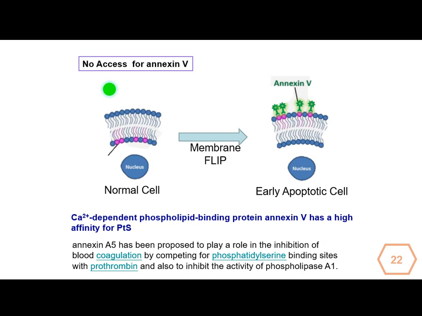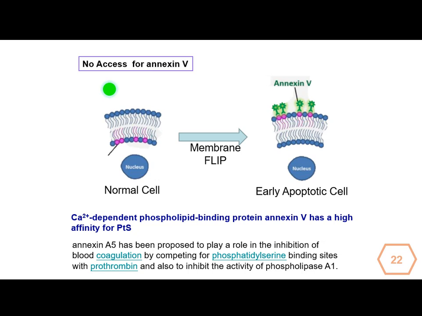So on the left-hand side is the normal cell. On the right-hand side is the early apoptotic cell. So this one is apoptosis. You have your phosphatidylserine that is outside.